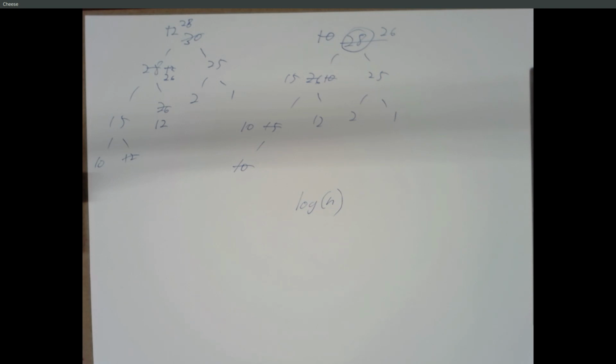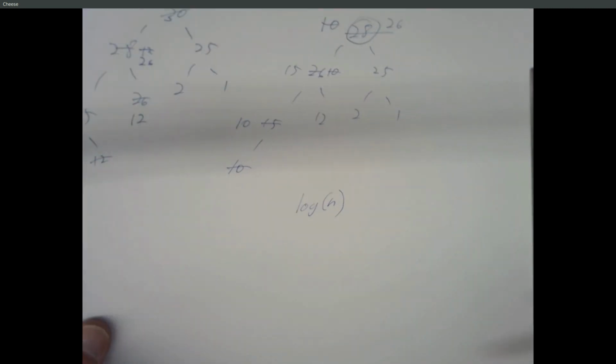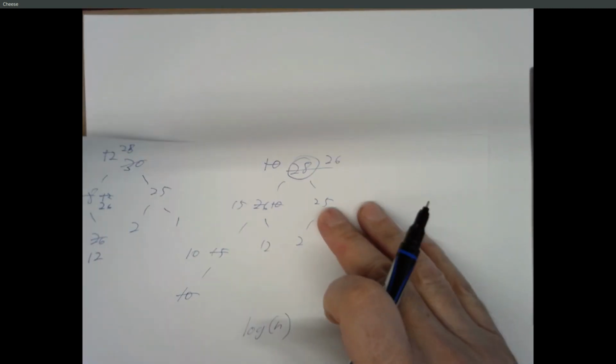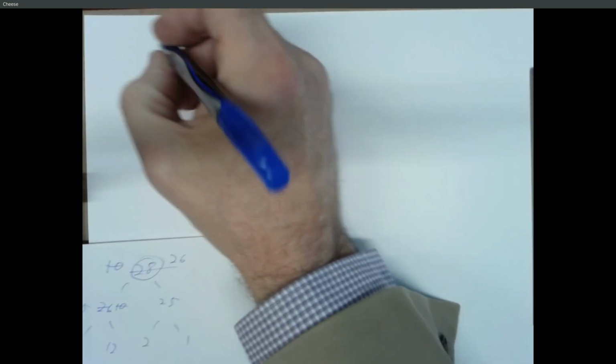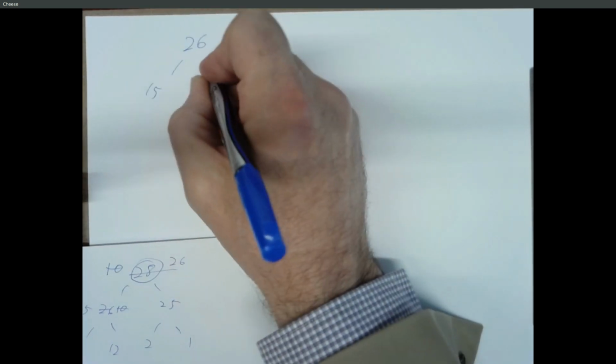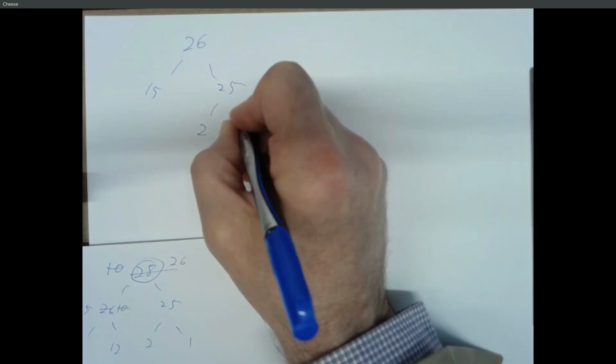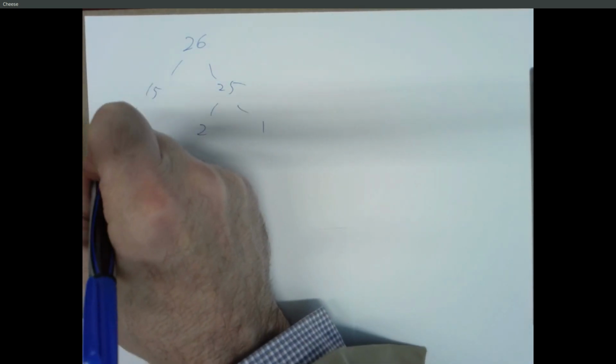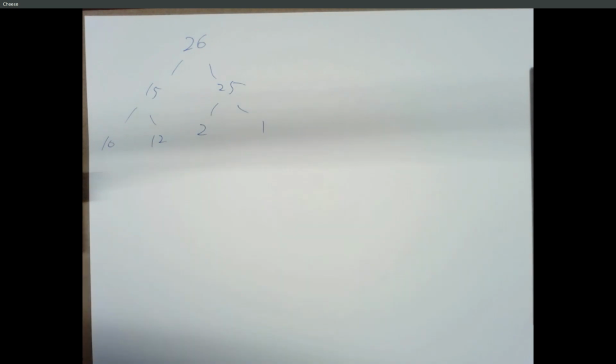Alright, so that's deletion. Let me show you insertion, then I'm going to have you do this yourselves in some examples. So let's just continue with our current heap, which is 26, 15, 25, 2, 1, 10, 12.